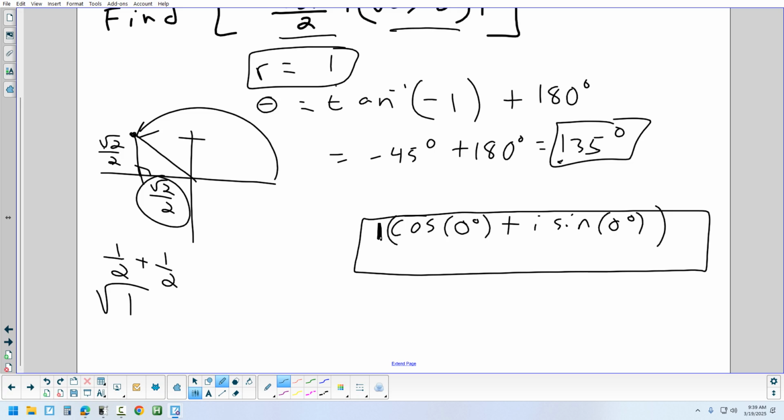Normally you do need to put the radius, but in this case it's just a 1. Any question on that? So that's all there is to raising a number to a power. Once you know your radius and your angle, just raise the radius to the power and multiply the angle by the power.